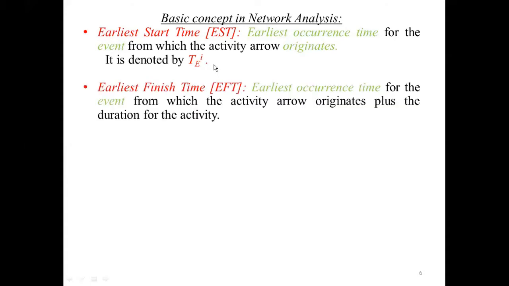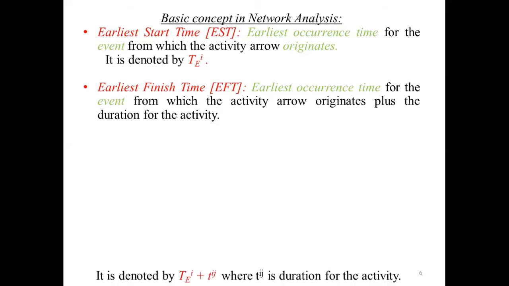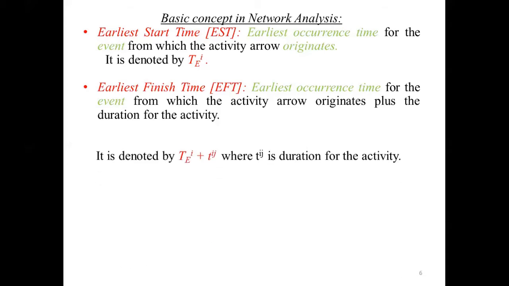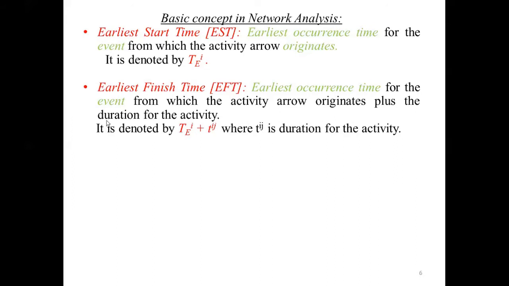And earliest finish time is defined as the earliest occurrence time for the event from which the activity arrow originates plus the duration of the activity. It is denoted by TE of i plus T of ij, the activity between the nodes.